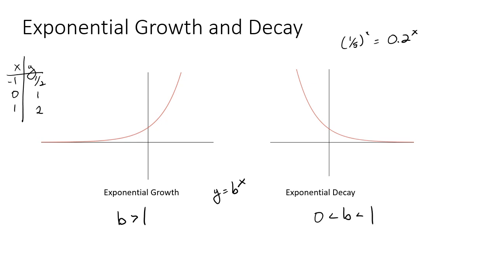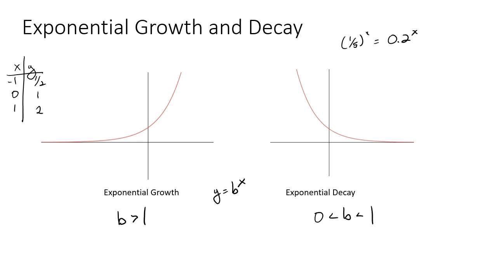So 1/2 to the x would give you a similar shape. 1/5 to the x, 1/10 to the x would all give you exponential decay. Now, these are the only two options. Either your base is greater than 1 or it's between 0 and 1. And the reason for that is because of the restrictions we set on the base back when we defined the function on the first slide. The base is always a positive number and it's never equal to 1. So it has to fall into one of these two cases.